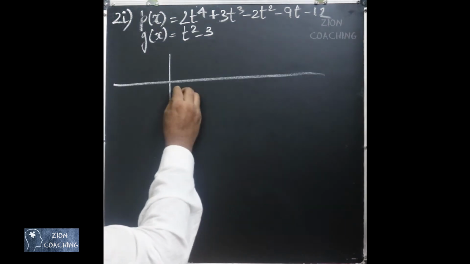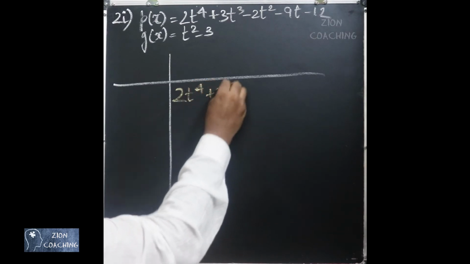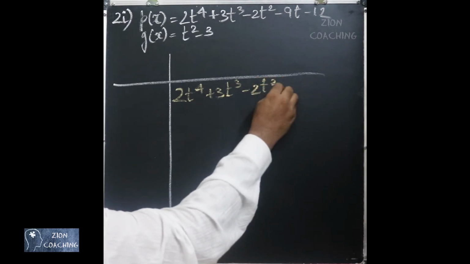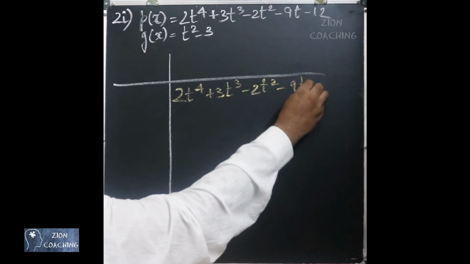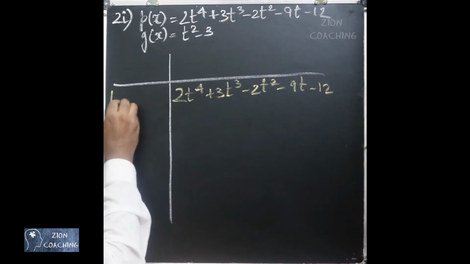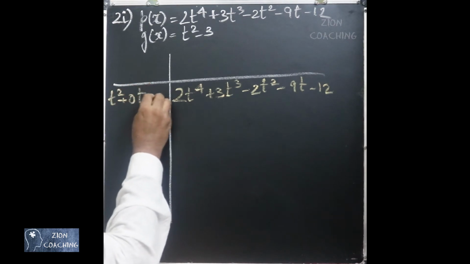We have 2t power 4 plus 3t cube minus 2t squared minus 9t minus 12. We are going to divide that by t squared. The t term is missing there, so I will put 0t minus 3.